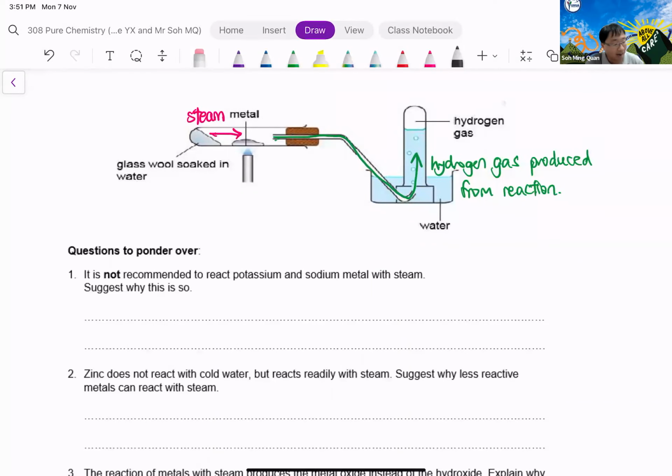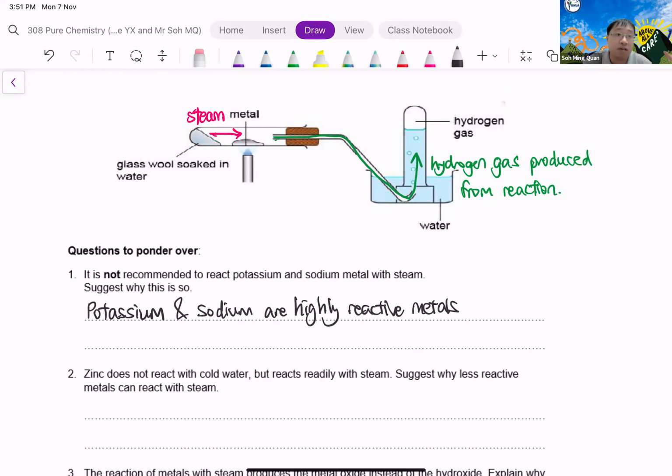I think it should be clear cut. Potassium and sodium are highly reactive metals. And let's link this to the reactivity series. How do you know from the series they are very reactive? They are highly reactive metals at the top of the reactivity series.